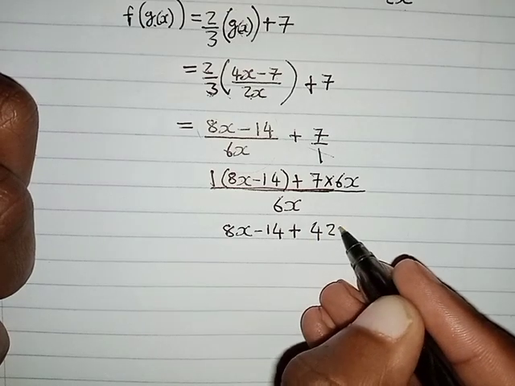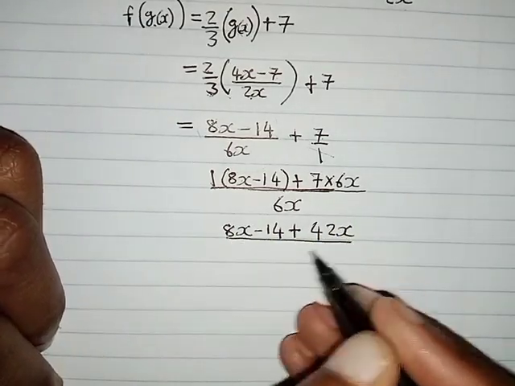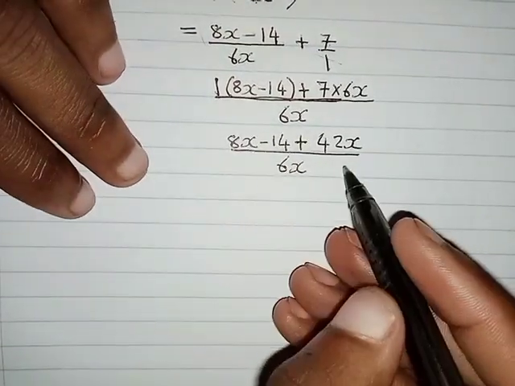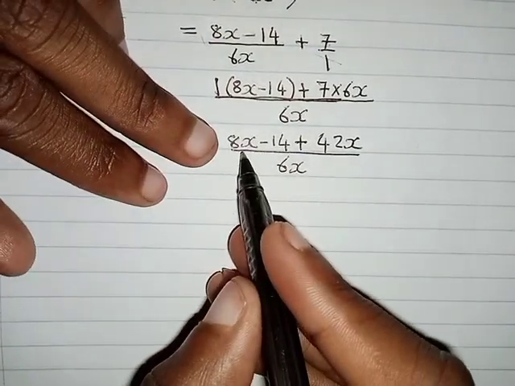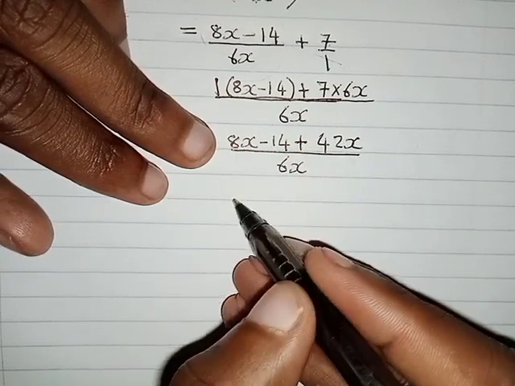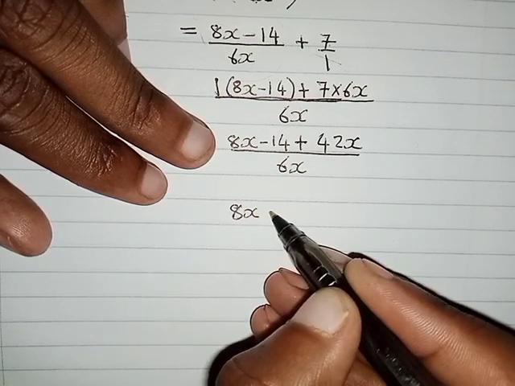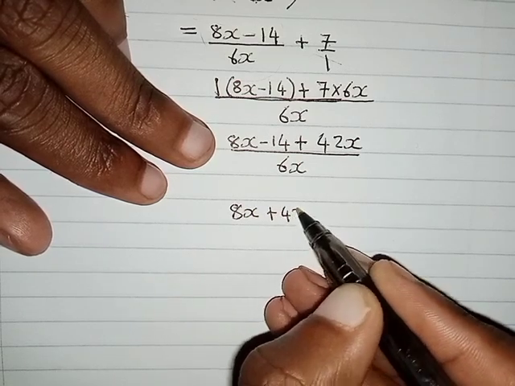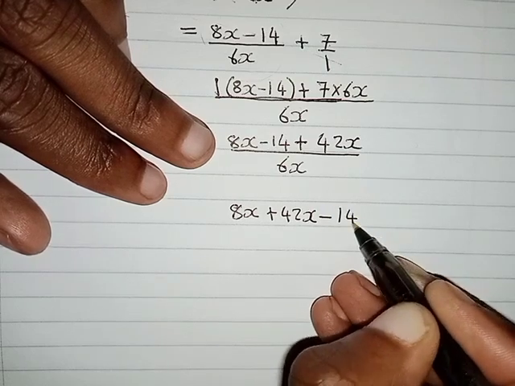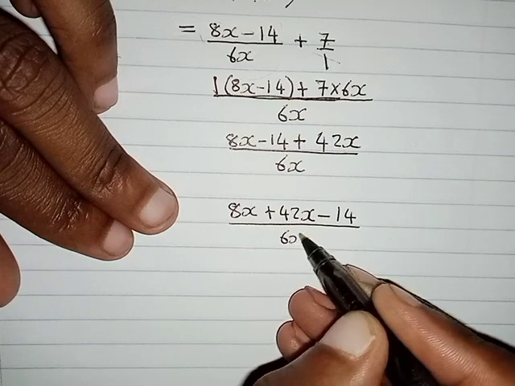Then we continue, everything divided by 6x. Let us simplify this by collecting the like terms on top. So we have 8x plus 42x, then minus 14, divided by 6x.